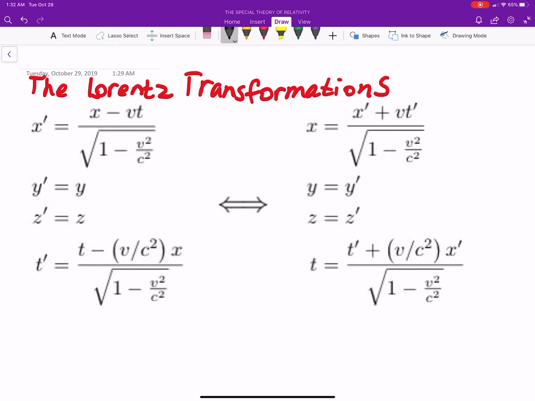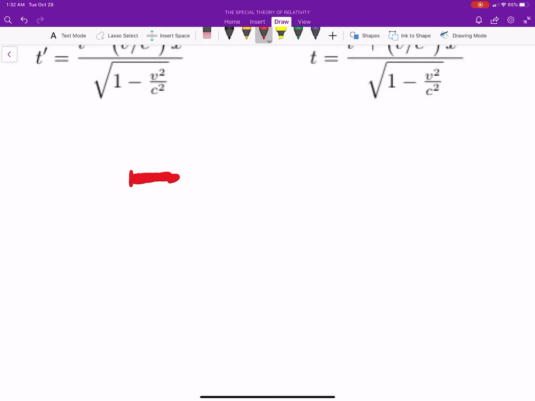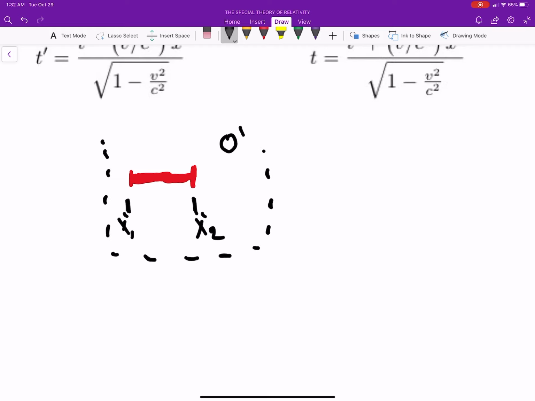So let's say we have this rod here, and let's say we have this observer O prime. And what he measures is that this is x prime 1, and this is x prime 2. Okay? And this is within the little bubble here.